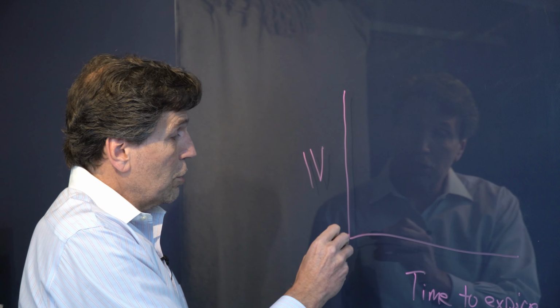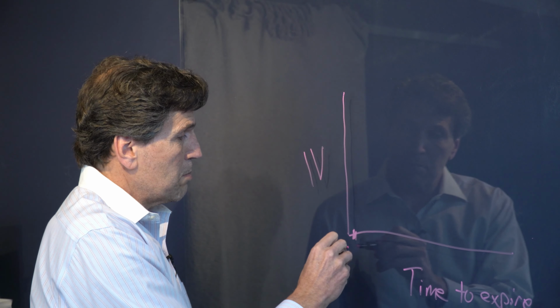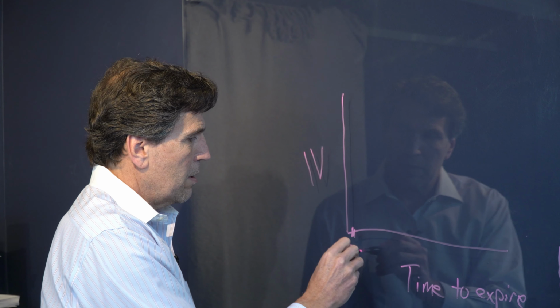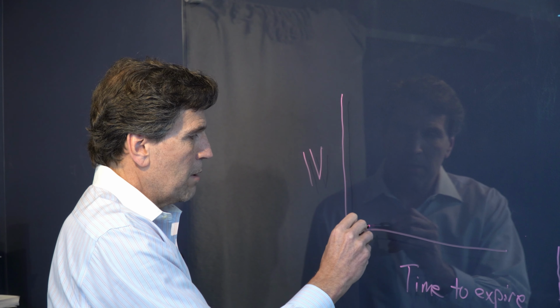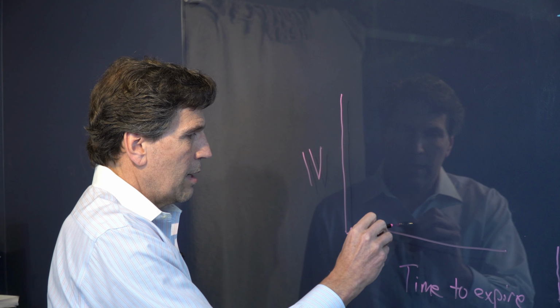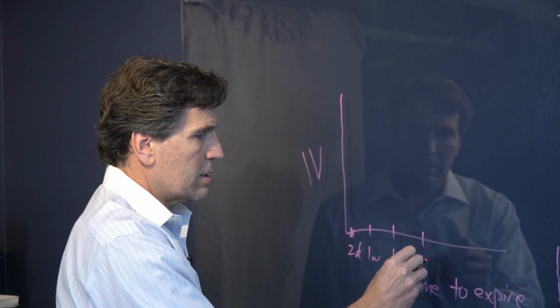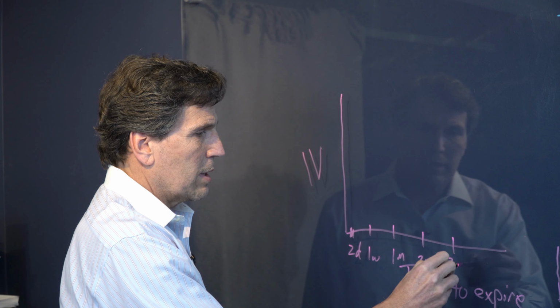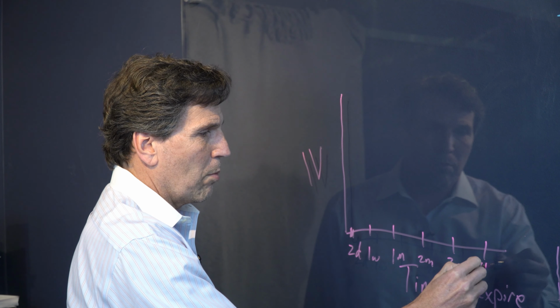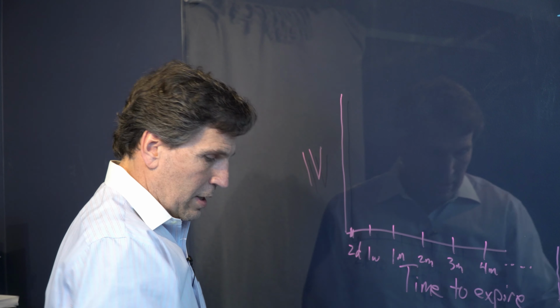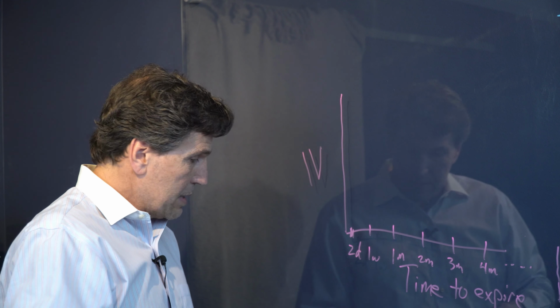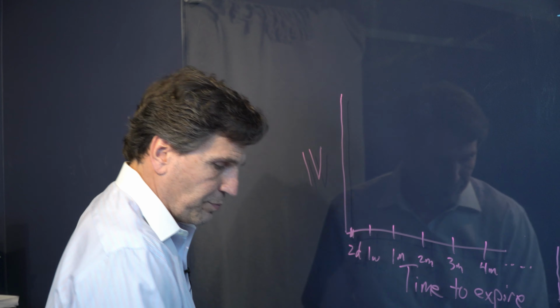These are going to be real short-term options, maybe 2 days, and this might be 1 week, and 1 month, and 2 months, and 3 months, and 4 months, and so on and so forth, right?